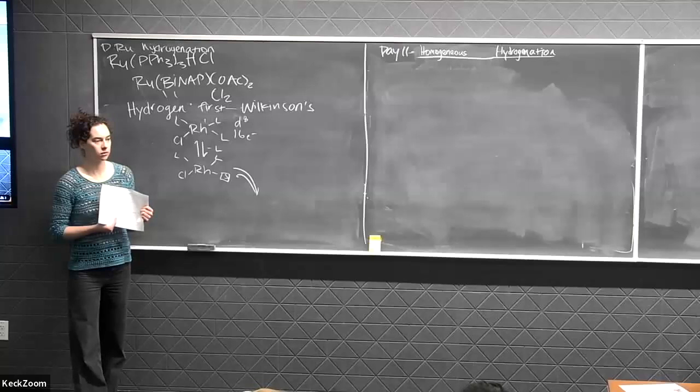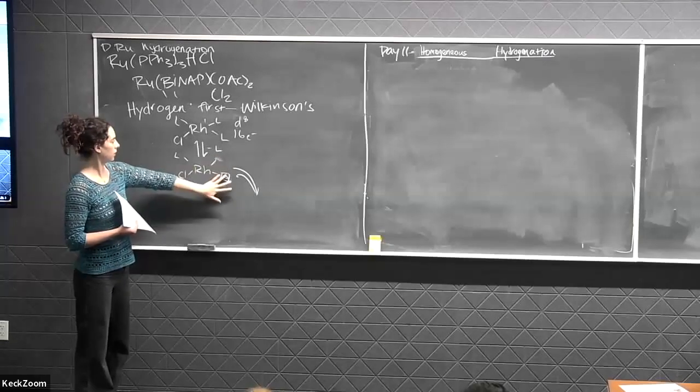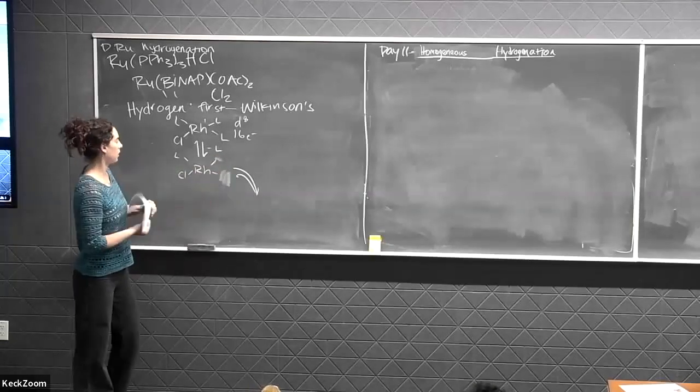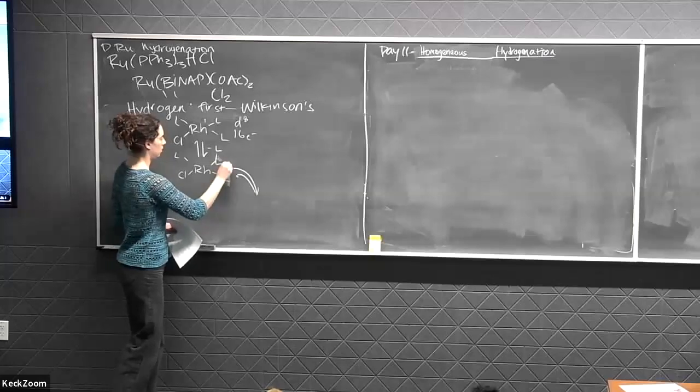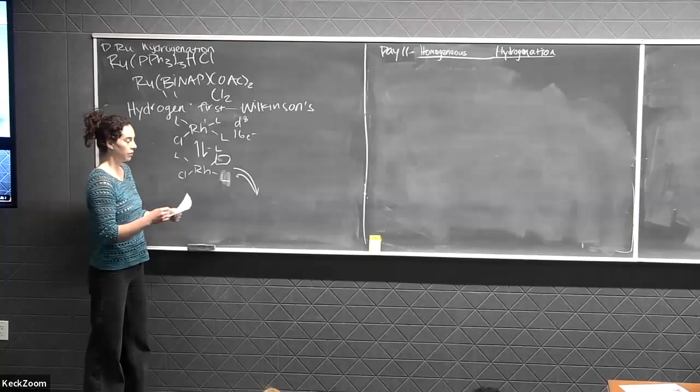Probably in your active species, you don't want the two triphenylphosphines to be cis, if you can avoid it. So then it might be more accurate to draw this.